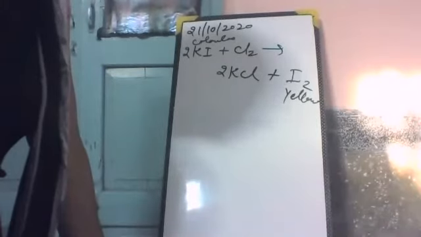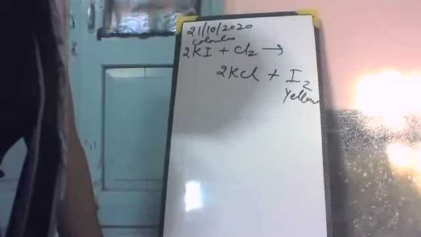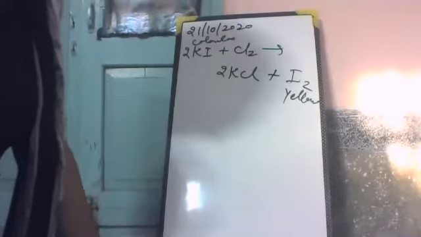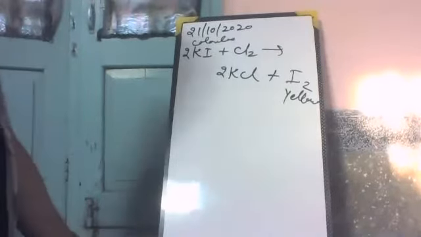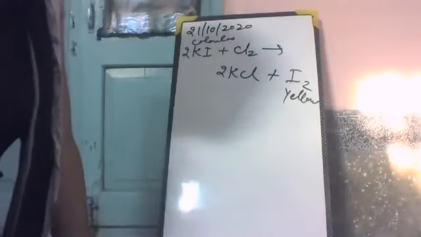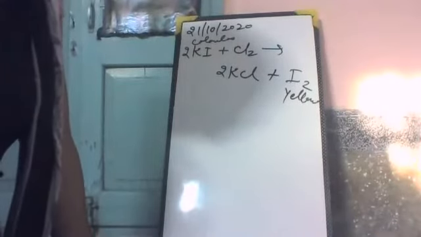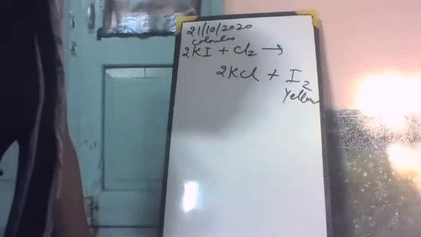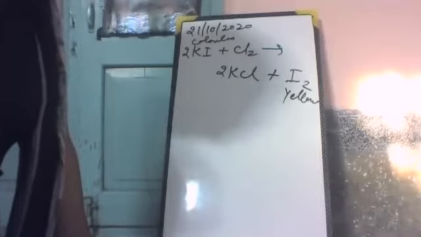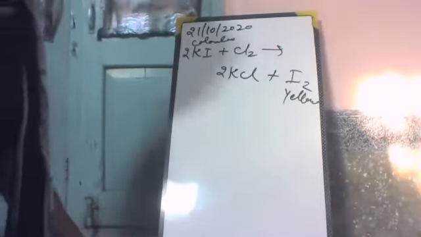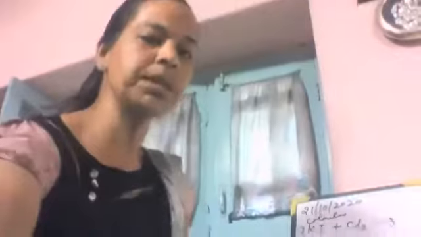From the above examples, it can be noticed that zinc is more active than copper, magnesium is more active than hydrogen, and chlorine is more active than iodine. So we can say displacement reactions take place when one substance is more reactive and the other is less reactive.